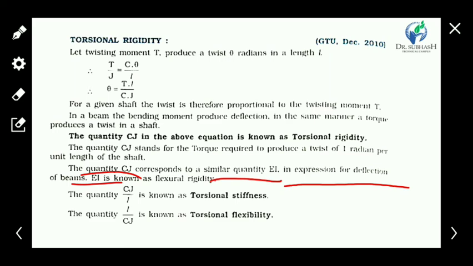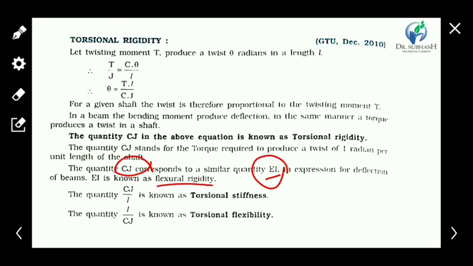If we compare these conditions with the beam, E is the elastic constant and I is the moment of inertia. So EI is similar to CJ, and it is defined as the flexural rigidity of the beam. So in a beam it is EI, and in a shaft it is CJ, which are very similar.